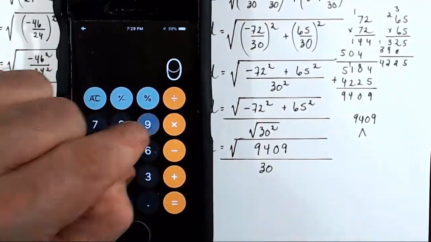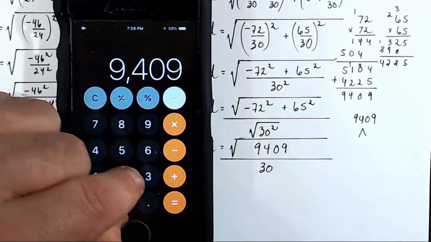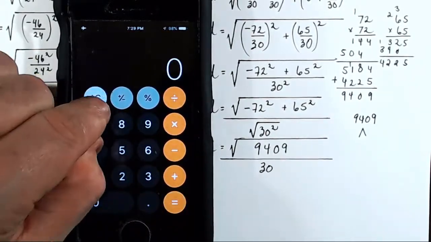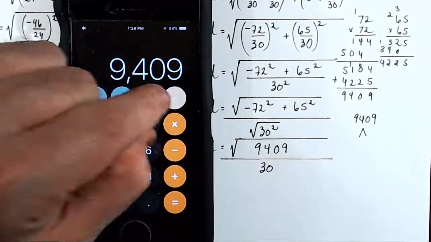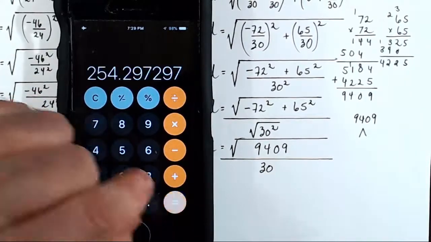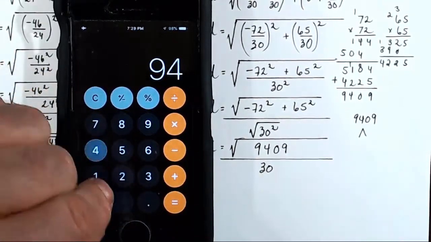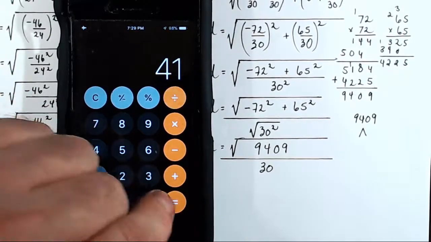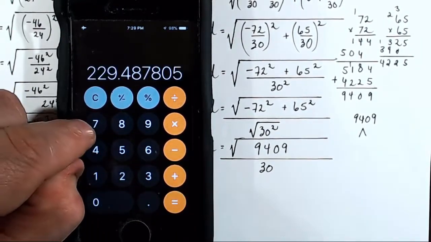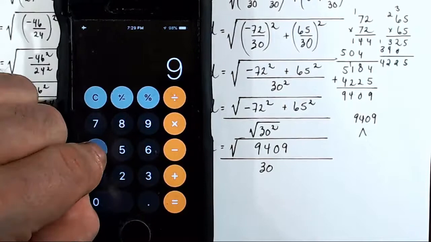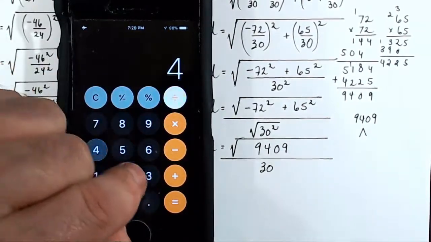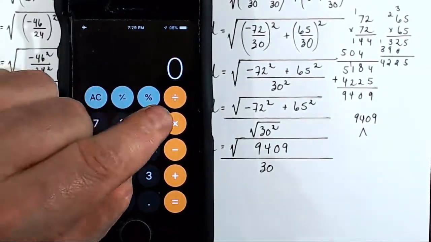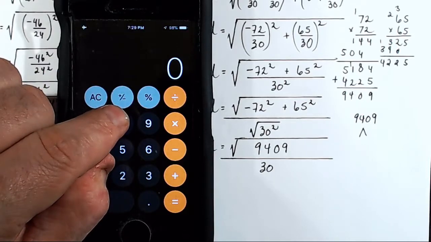No. Divided by 39. No. 9409 divided by 37. No. 9409 divided by 41. Whoa. No. 9409 divided by 43. No. What could it be?